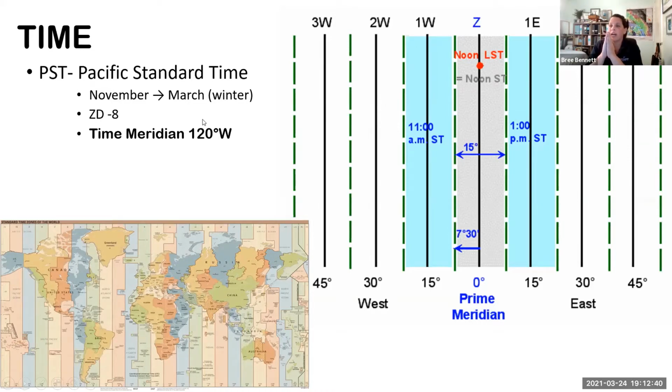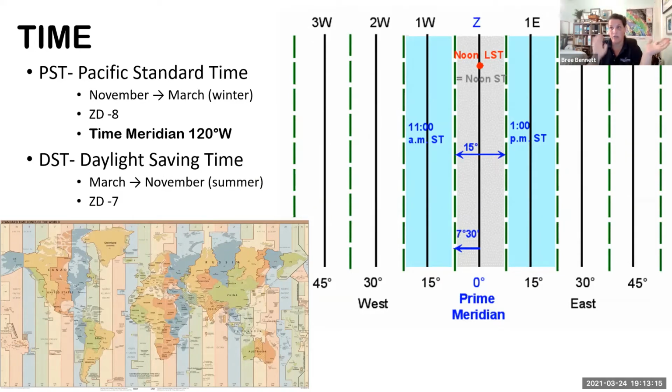So if we're at 120 and we go 7.5 degrees to the east and 7.5 degrees to the west, that whole section should be observing a zone description of -8. We are at about 118, 118.30, 117, something like that. So we are definitely in that Pacific Standard Time.